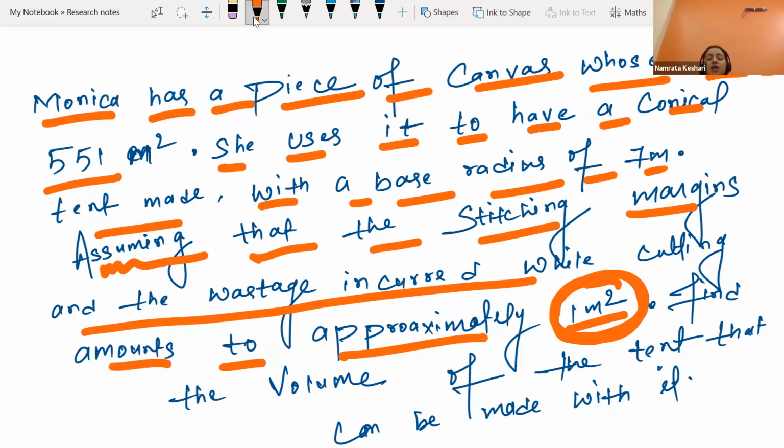551 meter square में से 1 meter square कहाँ चला जा रहा है? Cutout part में, margin में, stitching margin में. ठीक है, क्या हमें find करना है यहाँ पे?